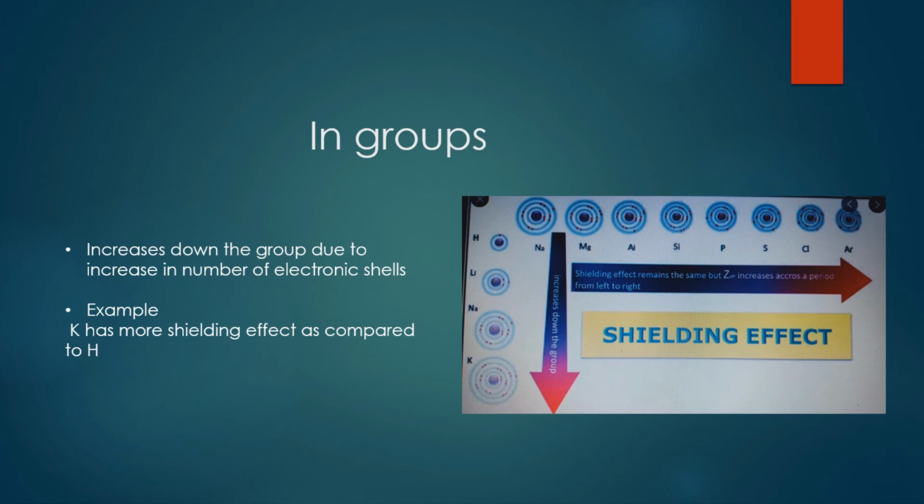When the number of inner electrons or inner shells increases, there is a reduction in the force of attraction between the nucleus and the outer electrons. This means that the shielding effect increases from top to bottom. So hydrogen has less shielding effect as compared to potassium.